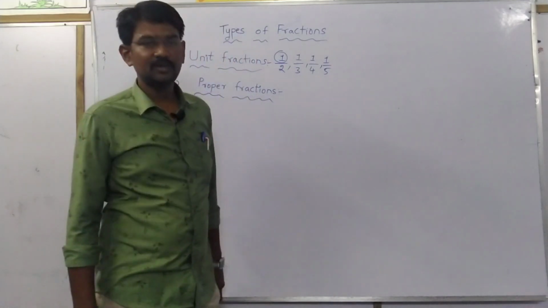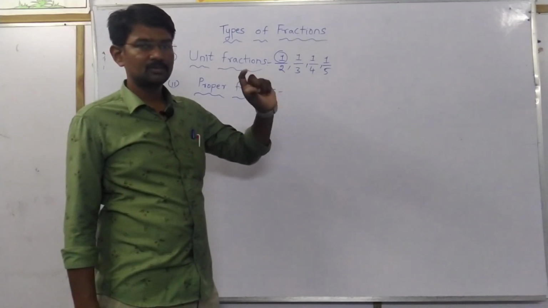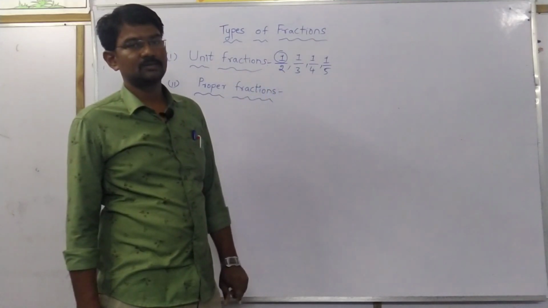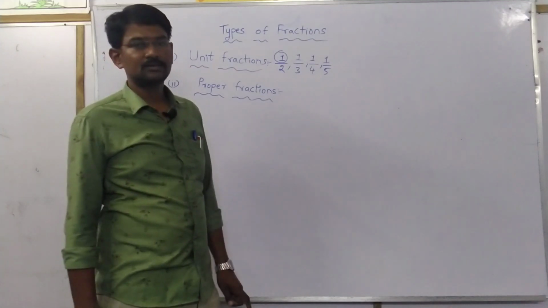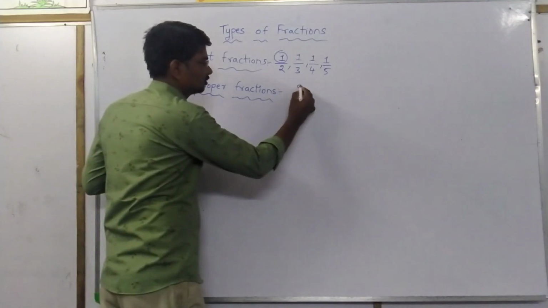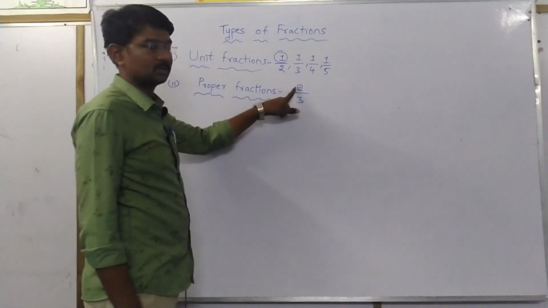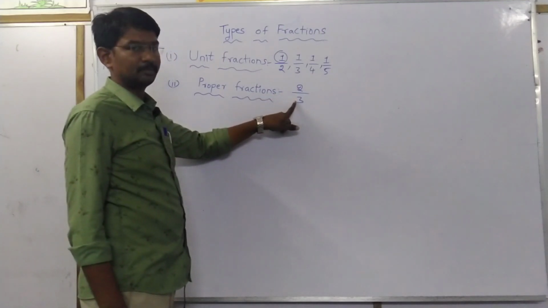In a fraction, if the numerator is smaller than its denominator, it is called a proper fraction. For example, 2 by 3. Numerator is small, denominator is big.